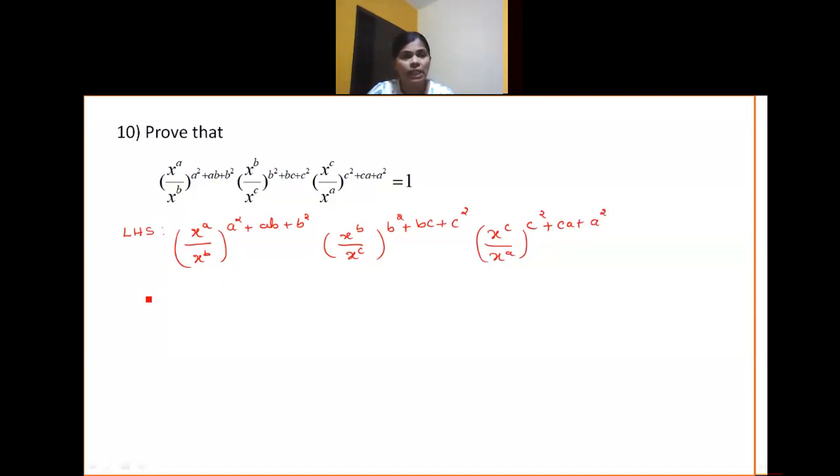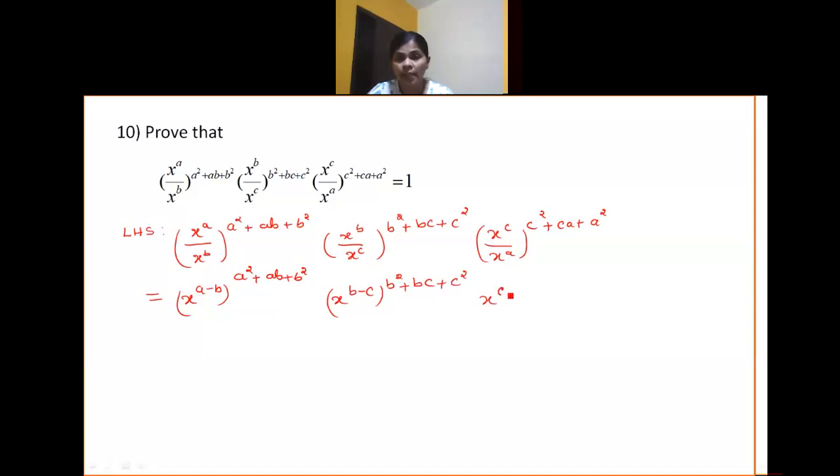Now first let me look at the innermost term, x to the power a by x to the power b. Same base with respect to division, so I can write it as a minus b, to the whole power a square plus ab plus b square, which will remain the same. For the next term, x to the power b minus c to the whole power b square plus bc plus c square will remain the same.